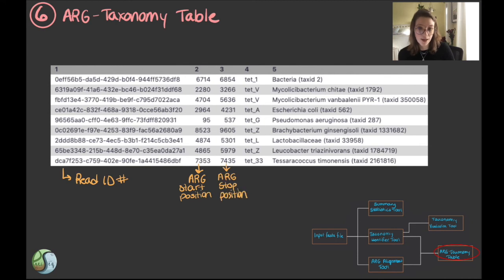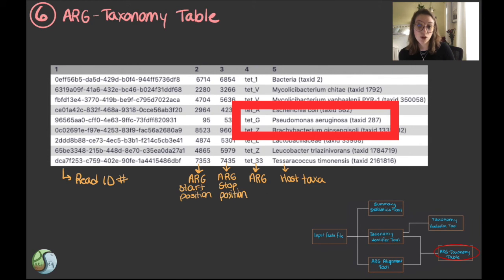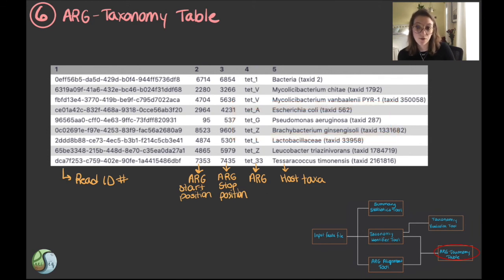You can see, for example, TET-G in this sample comes from the same read predicted to be Pseudomonas aeruginosa bacteria, or maybe in a plasmid that came from these species, for example. This gives you a picture of what bacteria harbors what resistance genes in your sample and allows continued environmental surveillance for these potential public health threats.